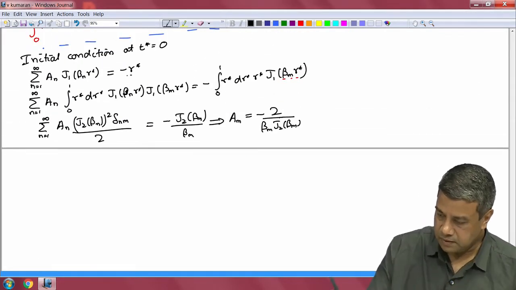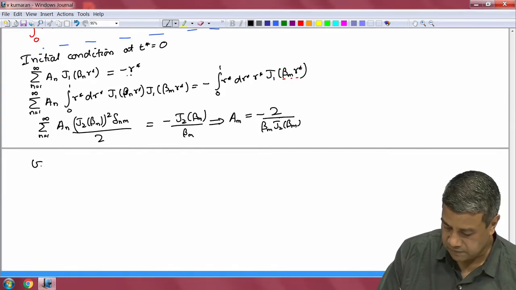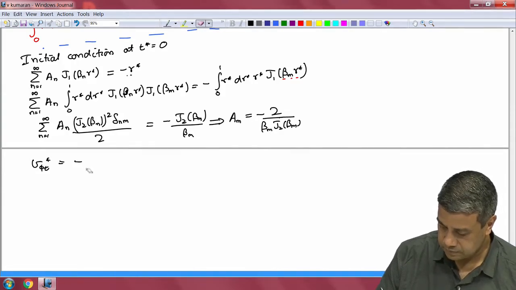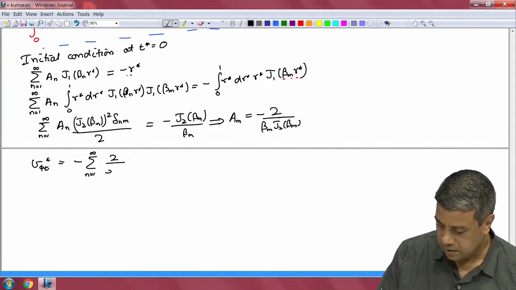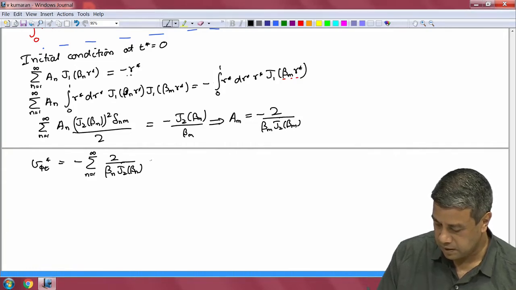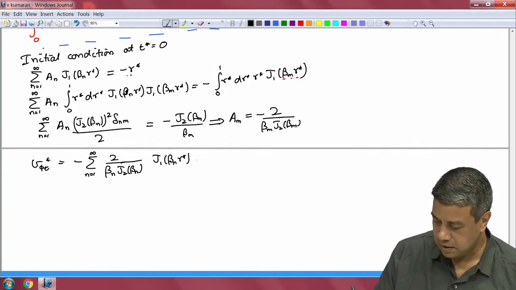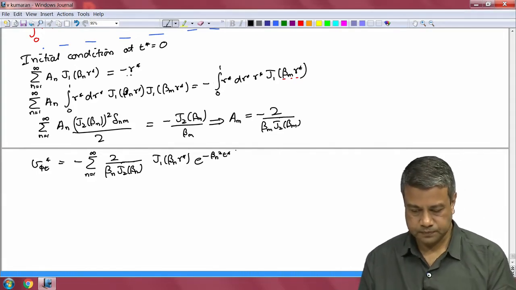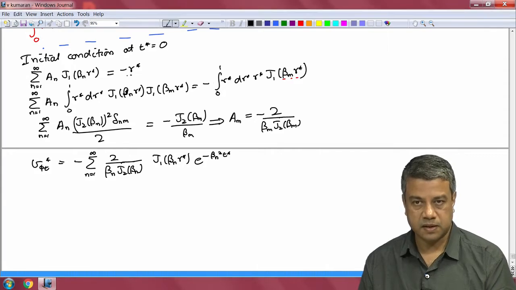Substituting that, I find the transient velocity v phi is equal to minus summation n equal to 1 to infinity, 2 by beta n J2 of beta n, times J1 of beta n r star e power minus beta n square t. That is the transient part of the solution.